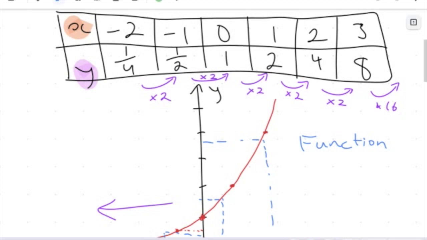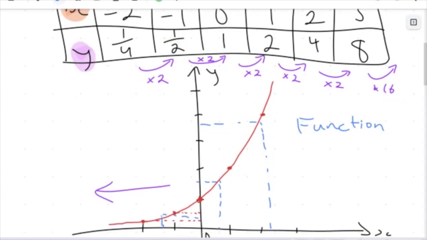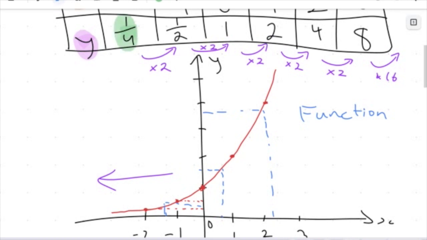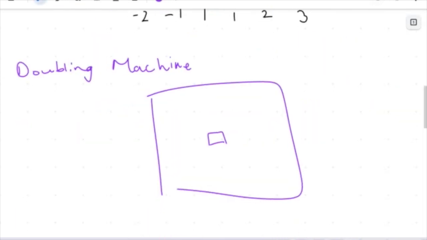So going from 1 to a half, we're dividing by 2. Going from a half to a quarter, we're dividing by 2. The next step is taking a half of a quarter, or dividing by 2. My thing in the doubling machine once again gets halved.